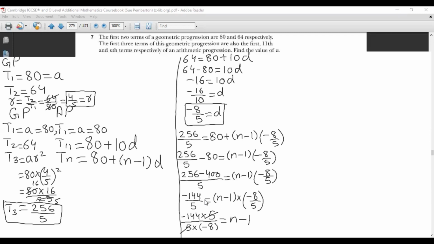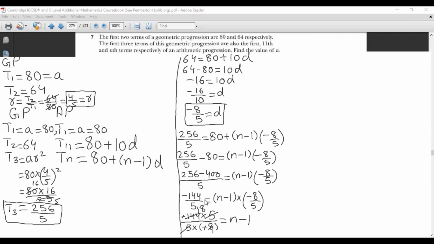And the minus signs get cancelled. 144 divided by 8 is 18.